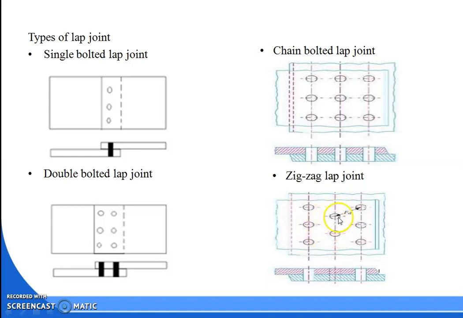Each bolt is provided in between 2 bolts which are present in the first column. So it is in a zigzag manner, like this to this it is zigzag, then this is zigzag, and next one is here. While the bolting is provided in this manner, you can say that it is a zigzag lap joint connection.